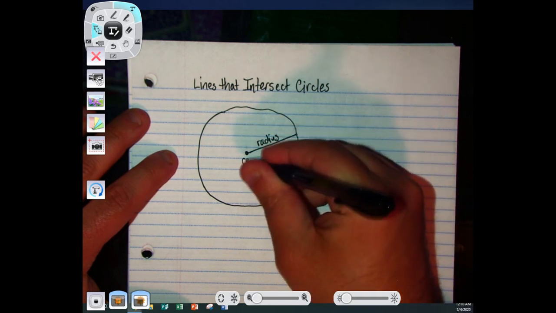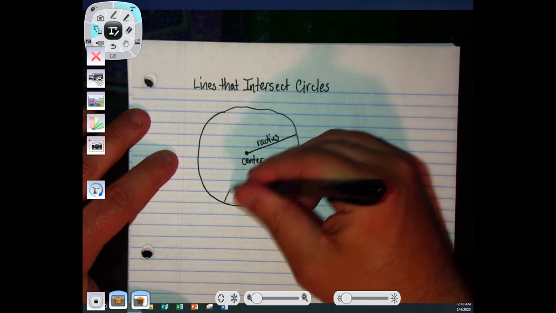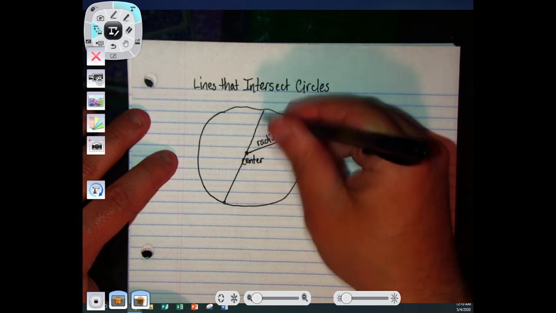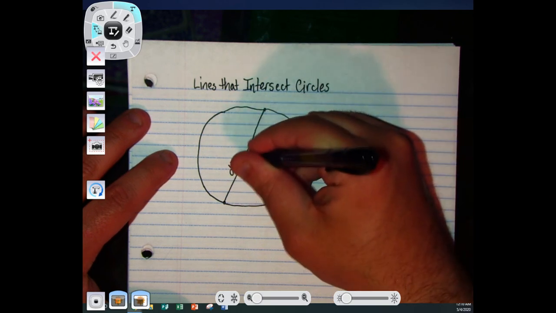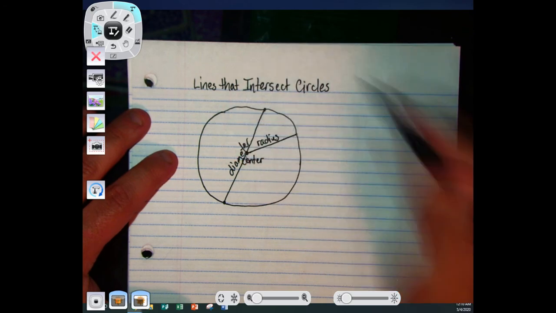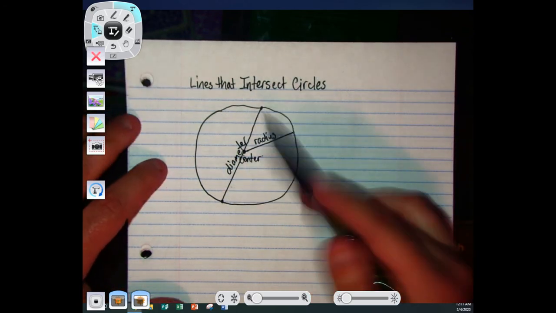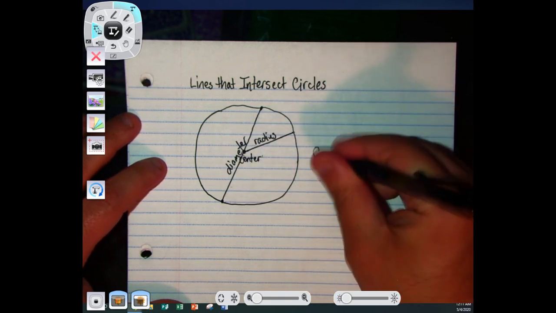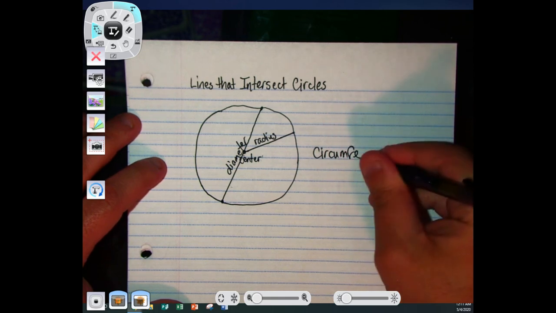We have our center. And then if I sketch another line that goes from one point on the circle through the center to another point on the circle, that's referred to as the diameter. Up until this point in math classes, this is what you have primarily worked with a circle. And then the distance around the circle is referred to as the circumference.